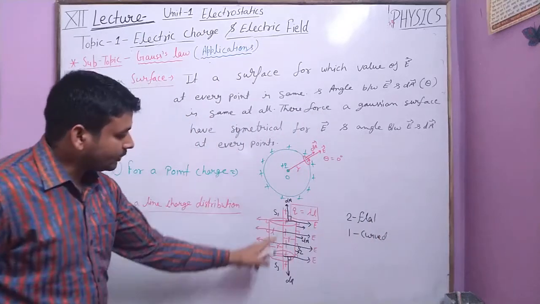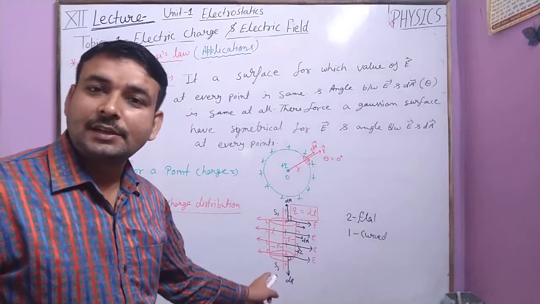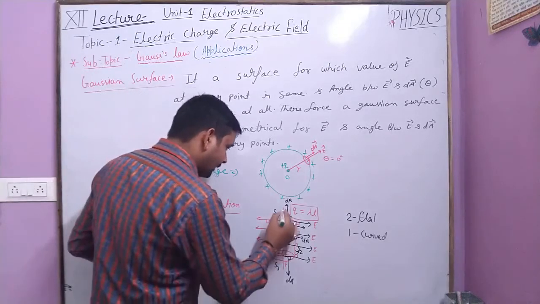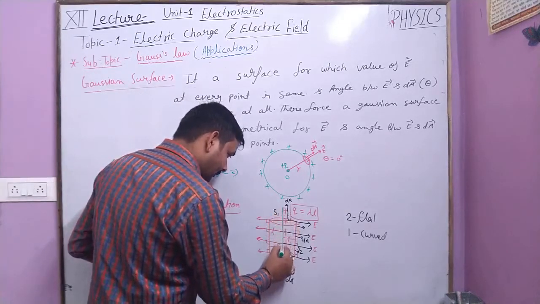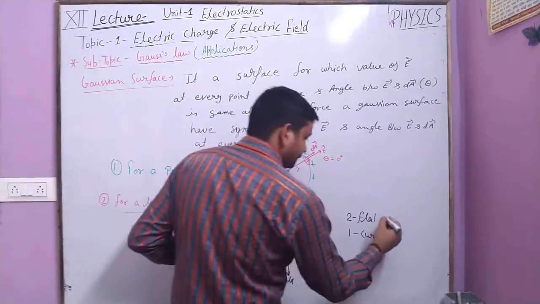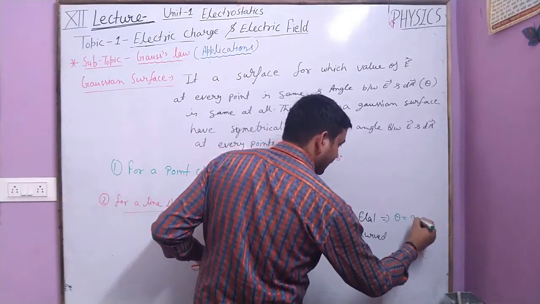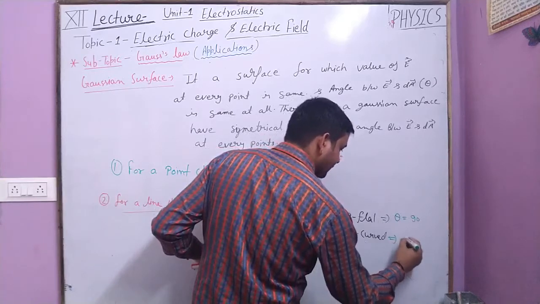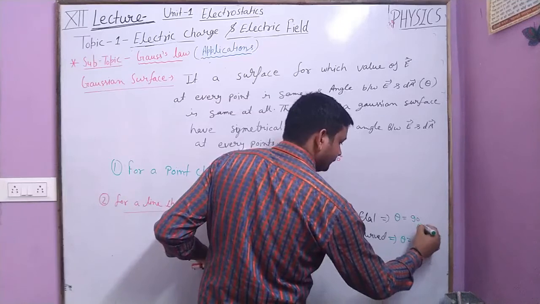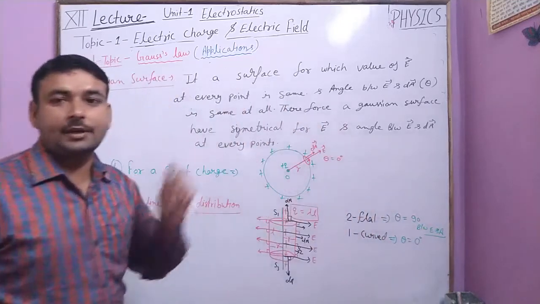And for this particular case, when the linear charge is considered as the axis of the cylinder, then for the curved surface the theta is 90 degree and for the flat surface theta is 0 degree between E and A. It is very clearly understood.